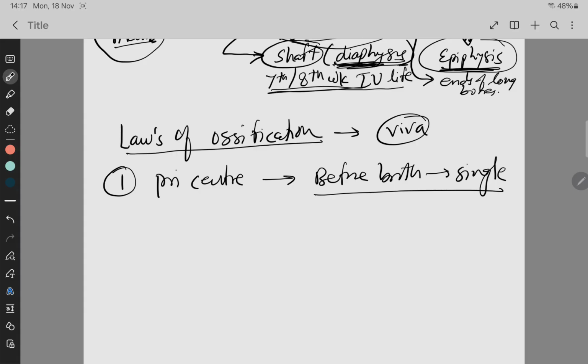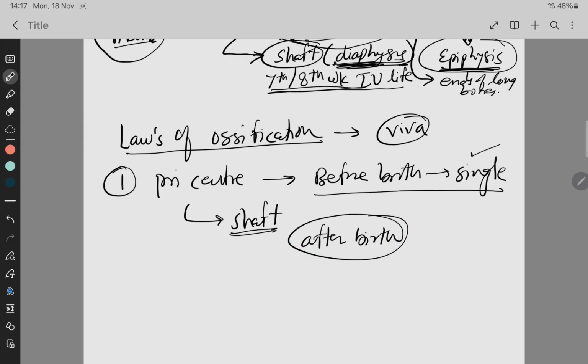OK, so what develops from it? The shaft of the long bone. So these are generally single. But the exceptions are the carpals and tarsals, mainly the cuneiform and navicular bone. Which primary centers appear after birth?